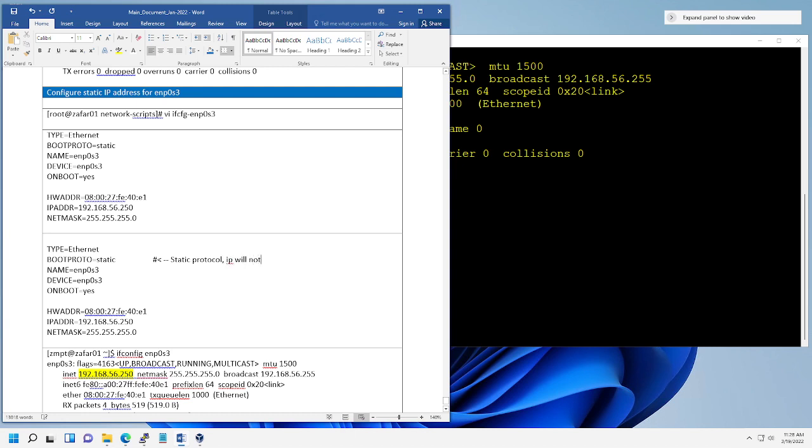IP will not change. And this part is the adapter name. You already know.